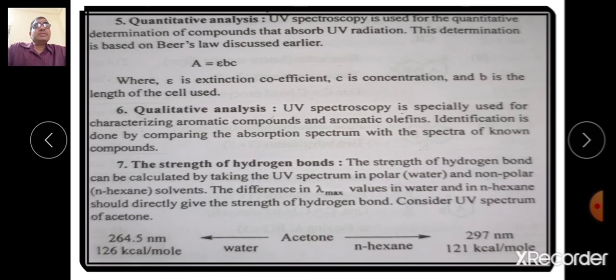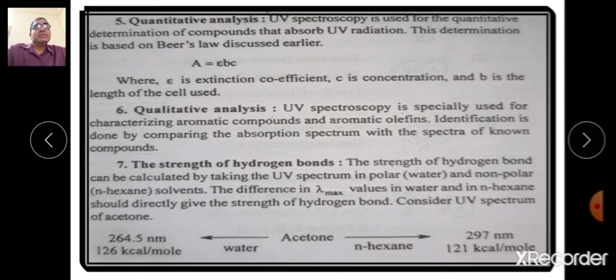Qualitative analysis. In qualitative analysis, UV spectroscopy is specially used for characterizing aromatic compounds and aromatic olefins. Identification is done by comparing the absorption spectrum with the spectra of known compounds, from which we can have knowledge of quality, that is which elements are present.